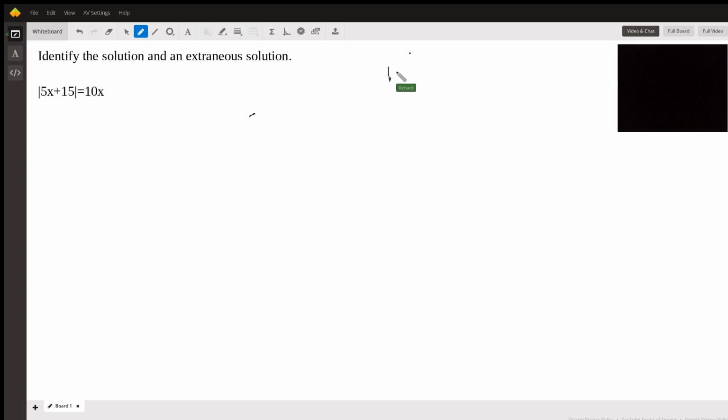So we're just going to take the absolute value, I'm just going to copy it here. 5x plus 15 is equal to 10x. And this spawns two equations from here.